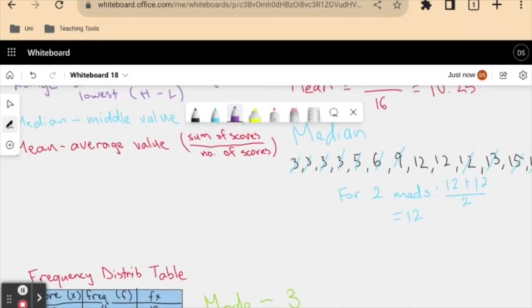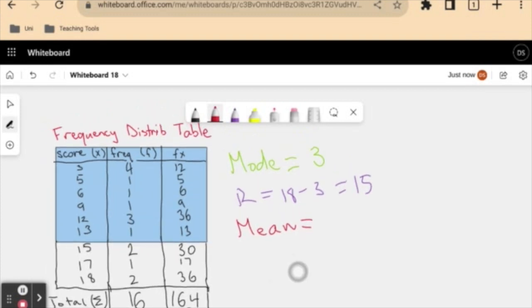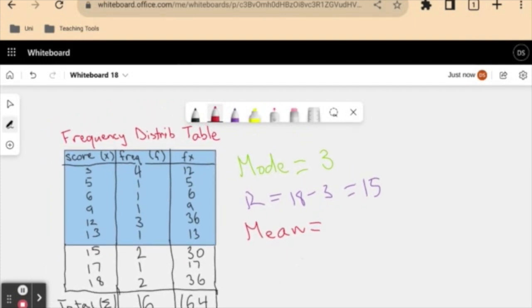So I think I did the mean in red, didn't I? Yes. Just to color coordinate it, keep it nice and coherent. Well, we already know what our mean was from our last video, but you may be able to see here that this fx column was quite significant, in addition to these two totals columns.